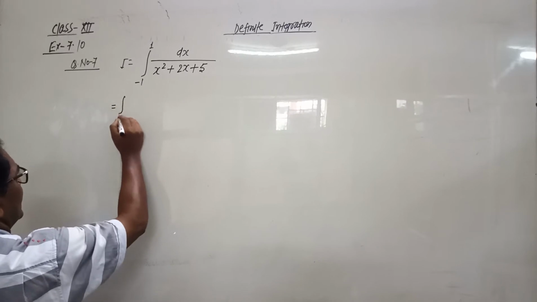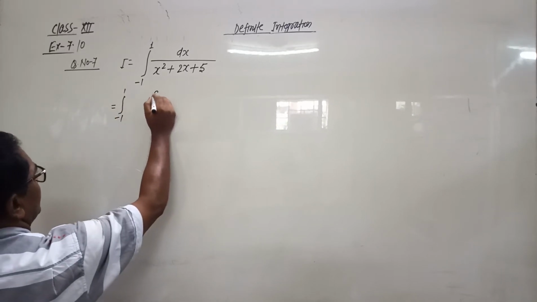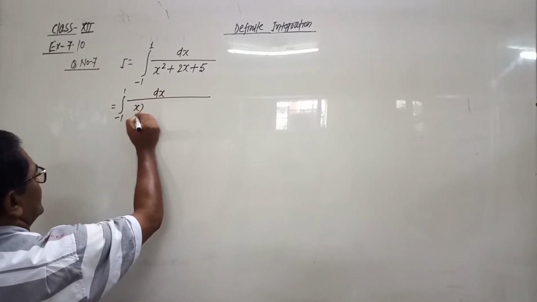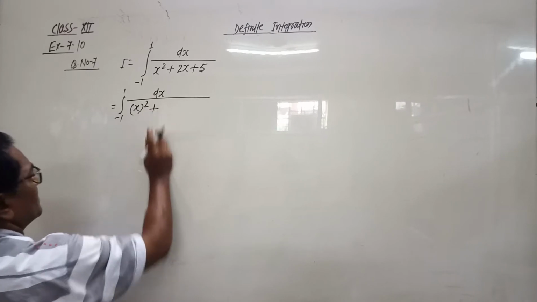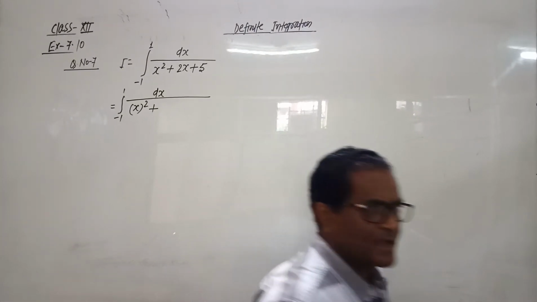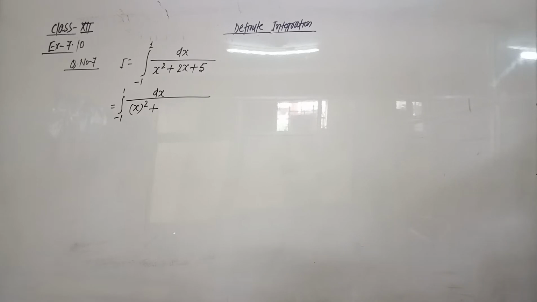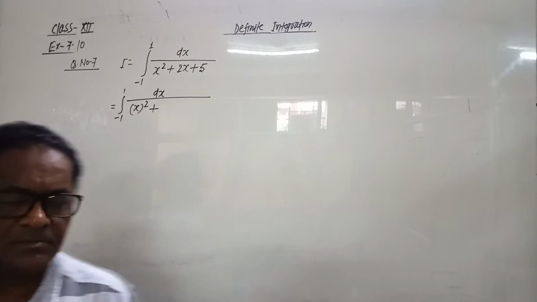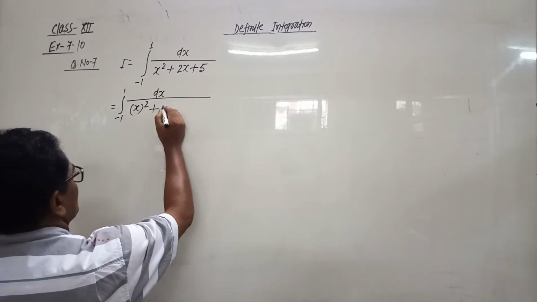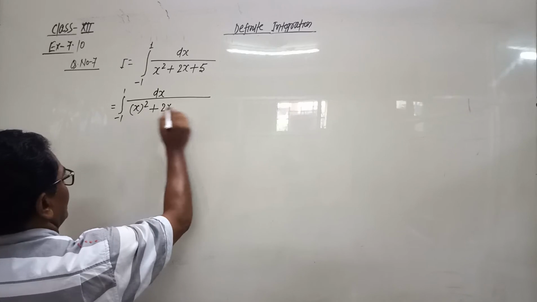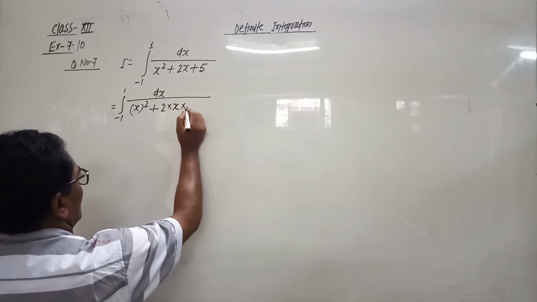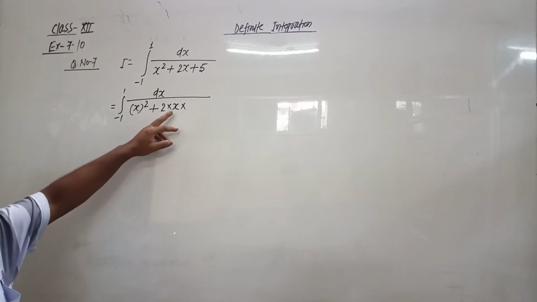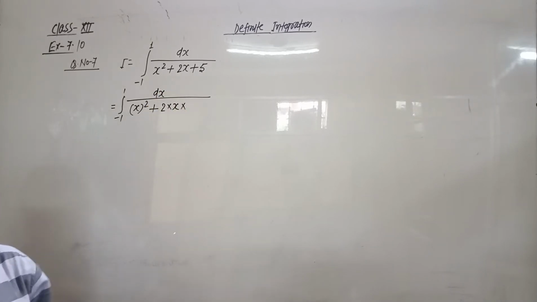So this can be written as integration from -1 to 1 dx upon x square is written as x the whole square plus, since the term containing x is positive, we use the formula a square plus 2ab plus b square. So a square plus 2 into a, where the value of a is x. And what should be the value of b so that after solving we get the result 2x?